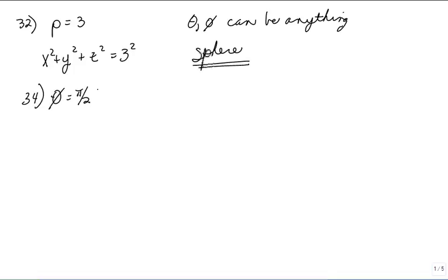Okay, phi is pi over 2. That says that z is rho cosine phi. Well, cosine of pi over 2 is 0, so z is 0. x and y can be anything.